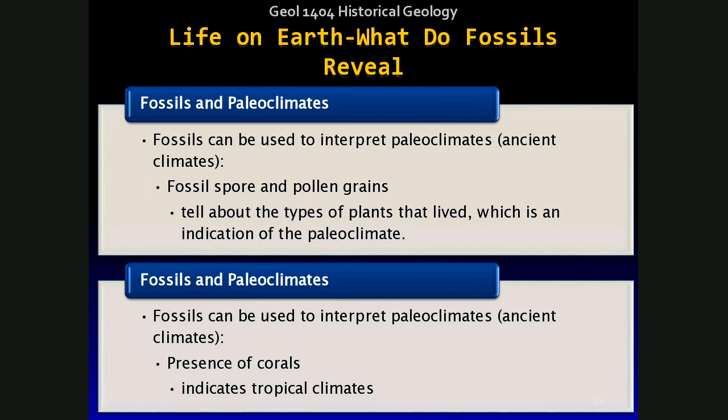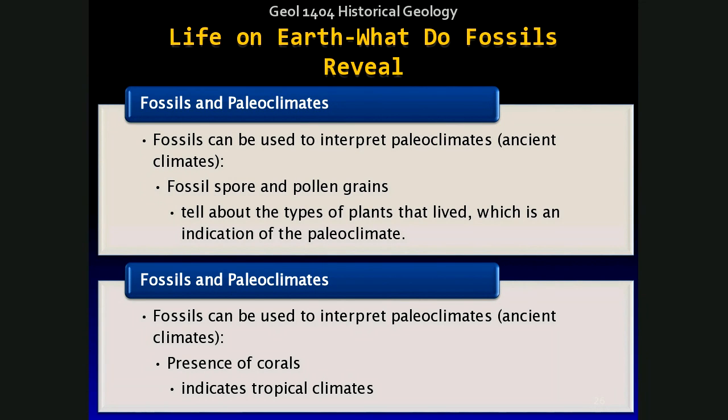So there it is. We talked about several aspects of fossils that we find in a rock record. First, we discussed fossil formation, the processes that lead to the formation of fossils, and then we talked about the applications of fossils in stratigraphy.